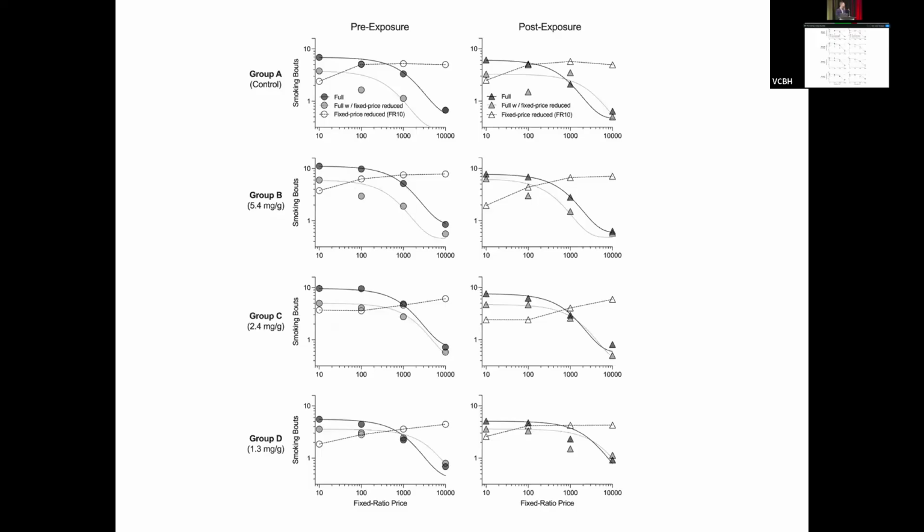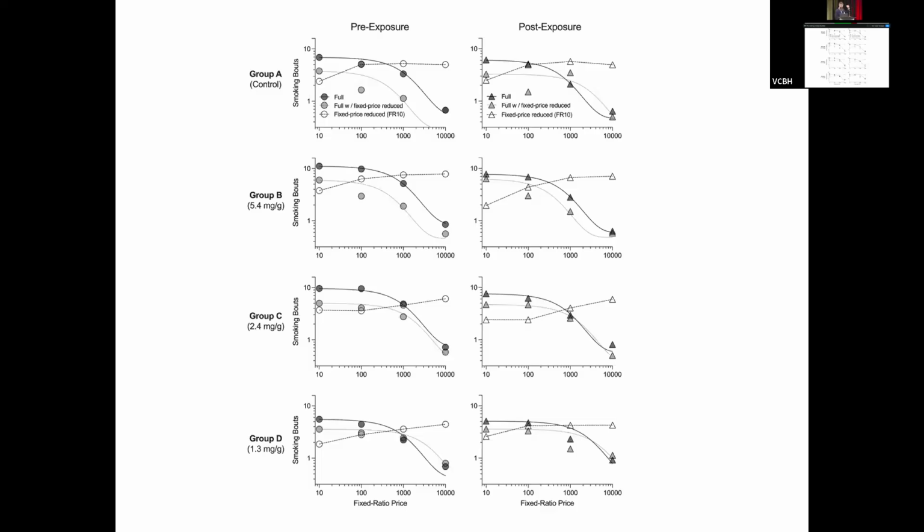And so finally, I'm showing you data here from those substitution sessions where the denicotinized cigarettes, or the reduced nicotine cigarettes, were available at a fixed low price throughout. On the left, we're showing pre-exposure. On the right, we're showing post-exposure. And so the black symbols are replicating data you've already seen. That's replicating full nicotine cigarette consumption when they're the only reinforcer available in the session. The gray circles are showing, again, full nicotine cigarette consumption but under the conditions under which the reduced nicotine cigarette was available as a substitute during that session.